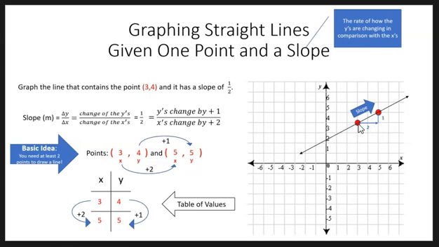From one point to the next point, you went 2 to the right, that's the X change, and from there you went 1 up, that's the Y change. That little triangle is what we call the slope, because it's telling you how inclined the line is. And when the slope is positive, we're moving up on the line from left to right.